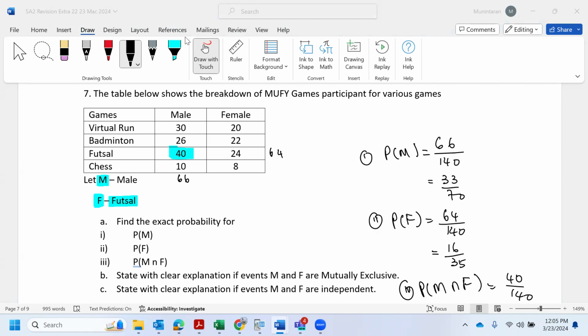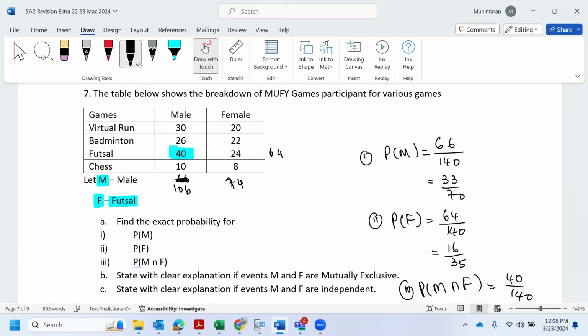Because the total is 180, sir, isn't it? Yes, sir, it's total 180. This is wrong, is it? Oh, shoot. Oh, yeah, correct. Missed something. Male is 106. And female is 74.